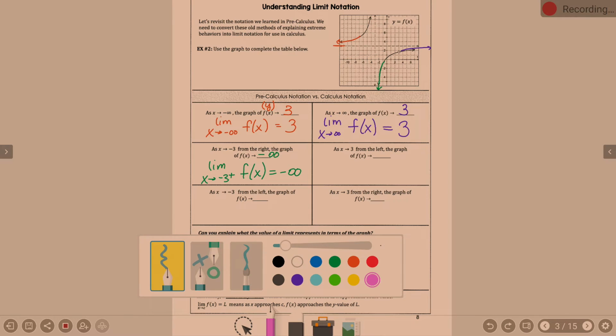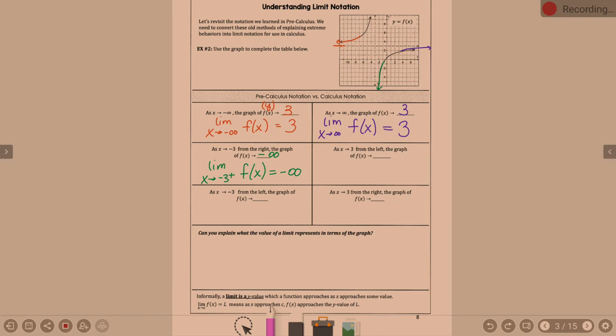Okay. As x approaches 3 from the left, so that's my asymptote, yes. As we approach 3 from the left, that means I'm following this piece, which is going where? Positive infinity. So the limit as x approaches 3, wait a minute, wait.